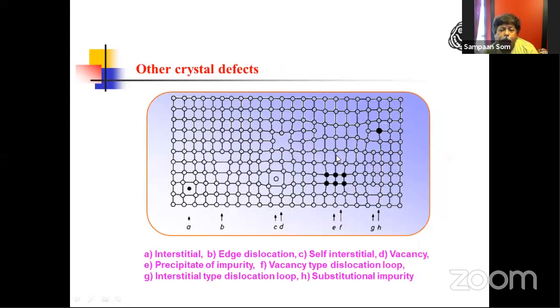So it's a very, very powerful tool. That's what I am schematically showing. You can also address these locations, and this shows the tremendous power of the RBS channeling technique, that even an amorphous material, when it starts getting recrystallized, can be directly addressed by utilizing this technique. Next slide, please.